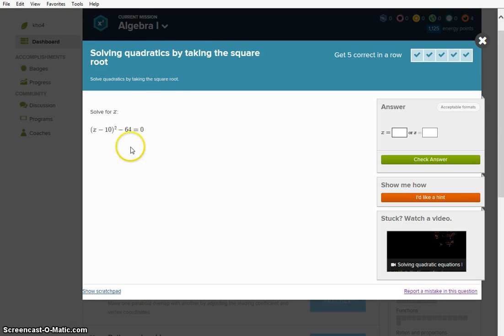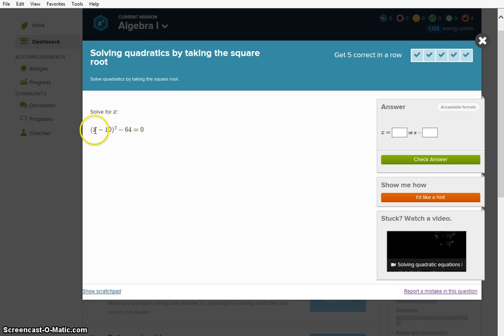So for this one, I am solving quadratics by taking the square root, but here I have a 0 for my y, so it just means that when I solve for x, I will find my x-intercepts when y is 0. So if I square root the whole thing, the square root of 0 is 0.